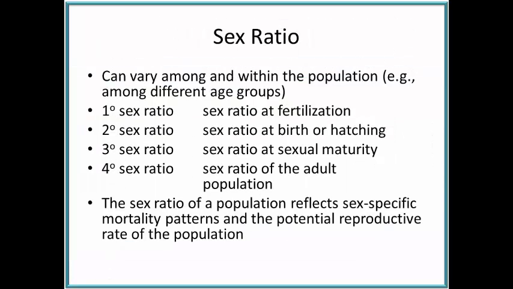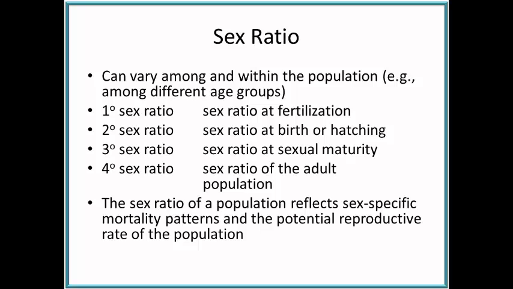Another demographic characteristic that's important is sex ratio. And sex ratio is simply the number of males versus the number of females. This can vary among various groups in a population and can even vary with different age groups. We typically talk about 4 different kinds of sex ratios. Primary sex ratio, which is sex ratio at fertilization or conception.